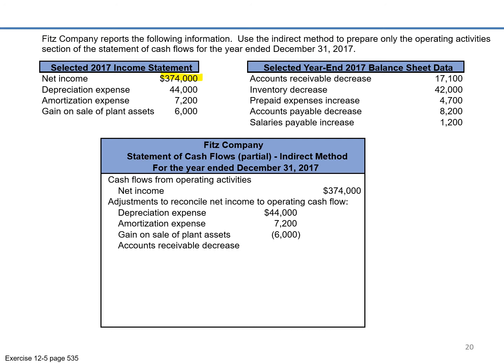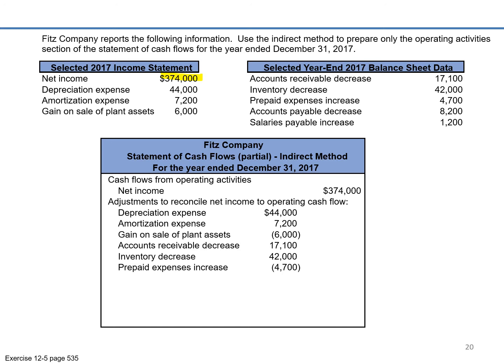Then we have our increases and decreases in balance sheet data that they give us. So accounts receivable is decreasing. Decreases in assets are increases in cash. So we're going to add those. Same thing with inventory. Prepaid expense increase is an asset. Increases in assets are decreases in cash. They go the opposite direction.